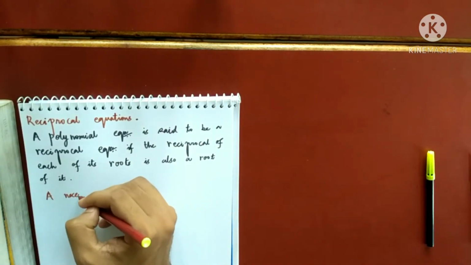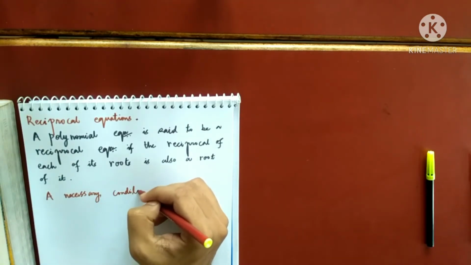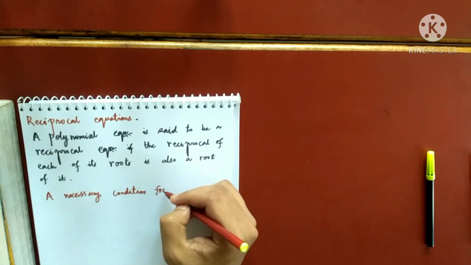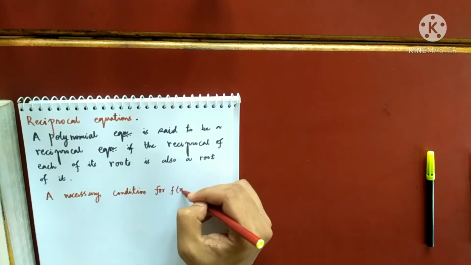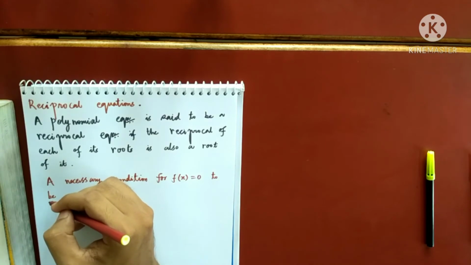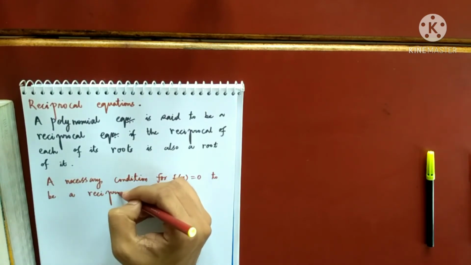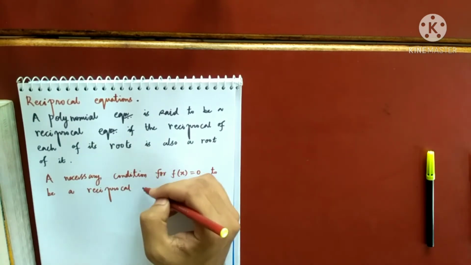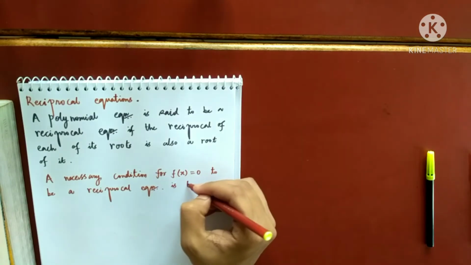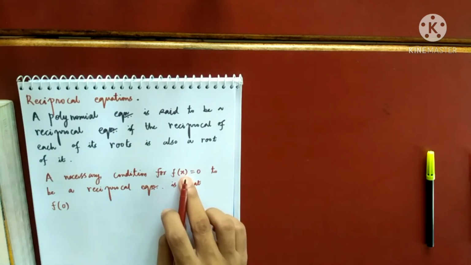A necessary condition for f(x) equals 0 to be a reciprocal equation is that f(0), meaning putting 0 here, is not 0.